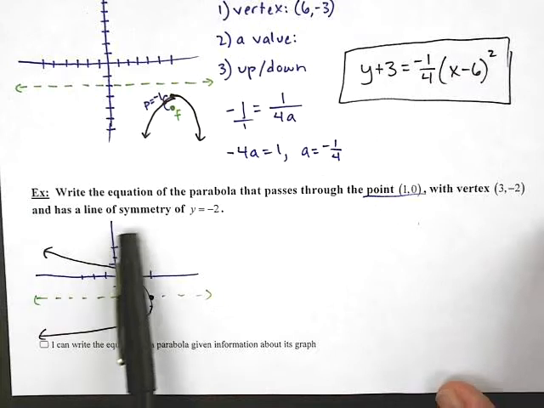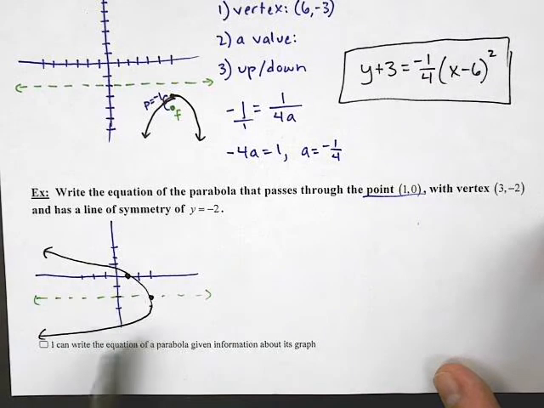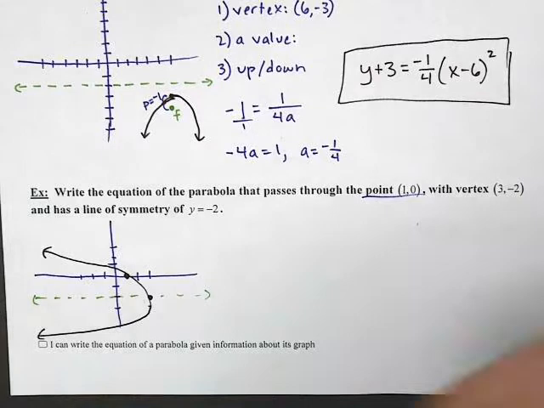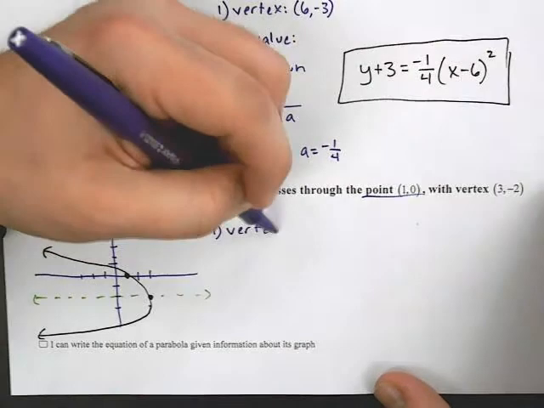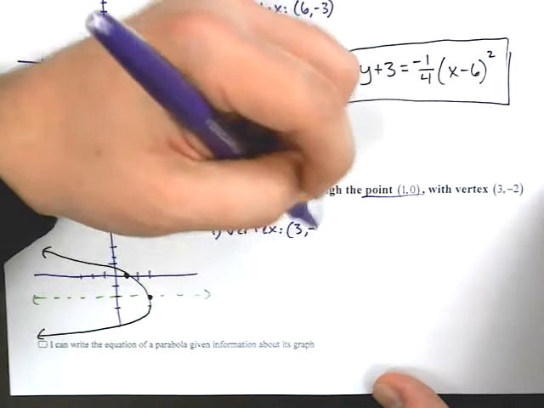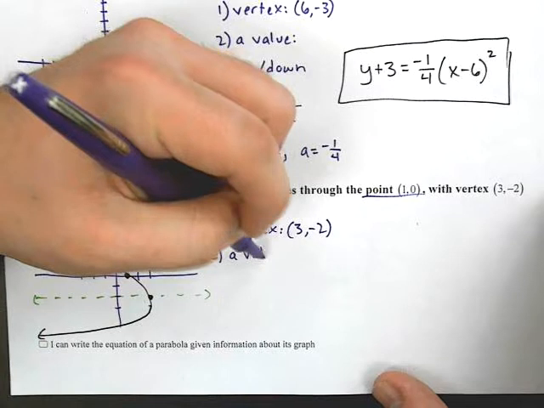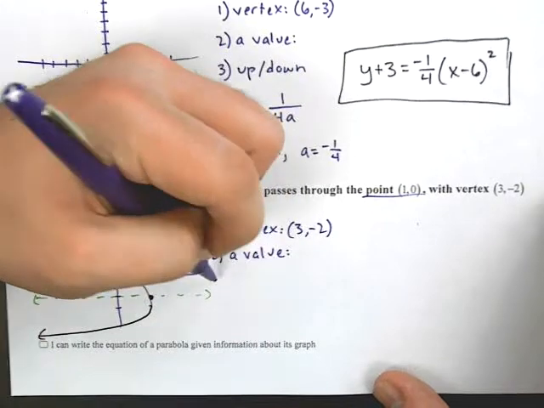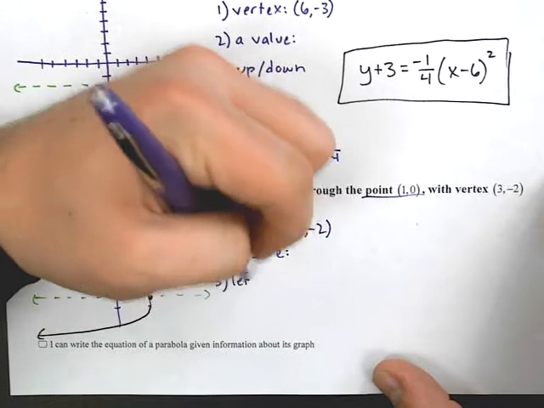If the line of symmetry had been x equals, then I would have had an up or a down situation. All right? So I have the vertex. It's 3, -2. I don't have the a value. And I do know that it's going left, right.